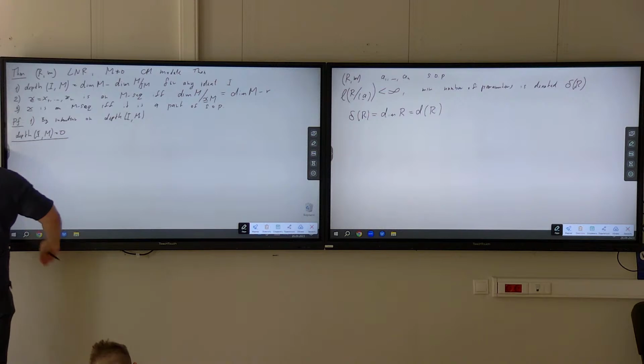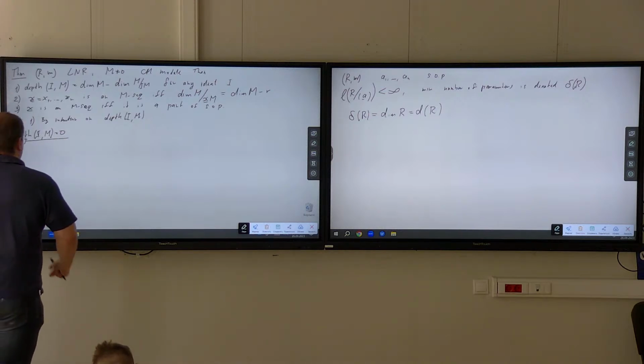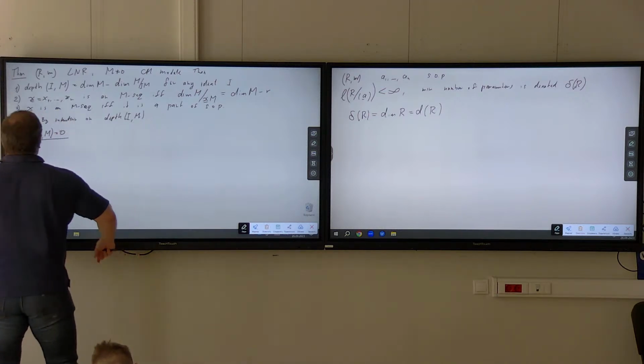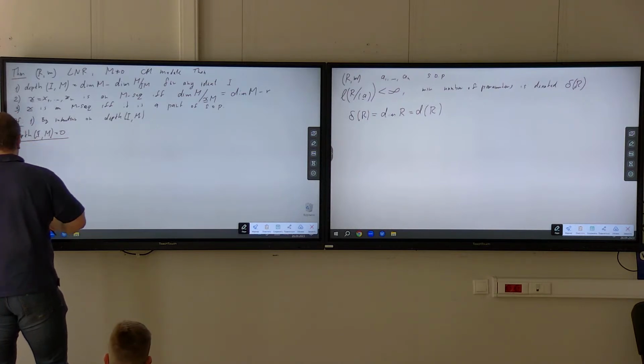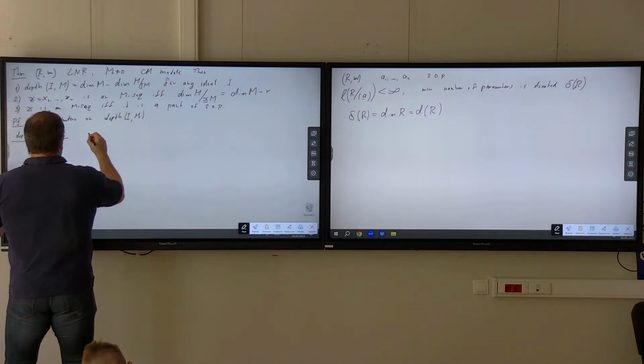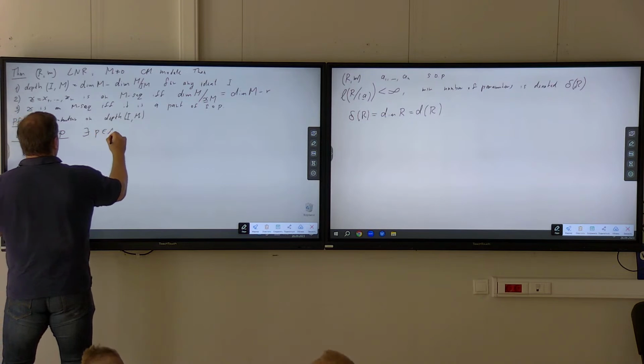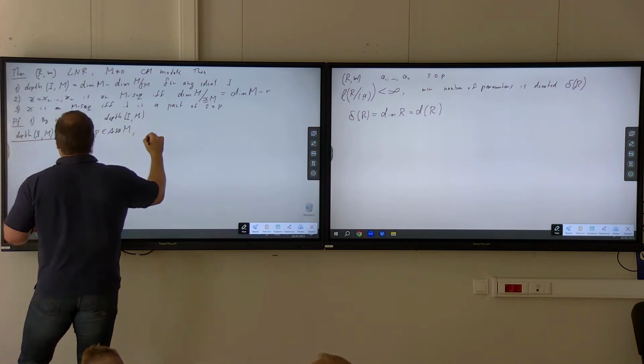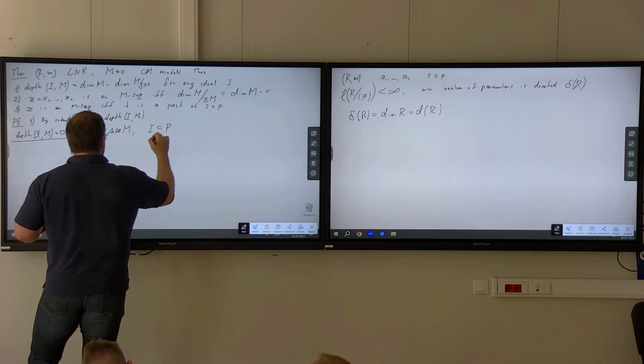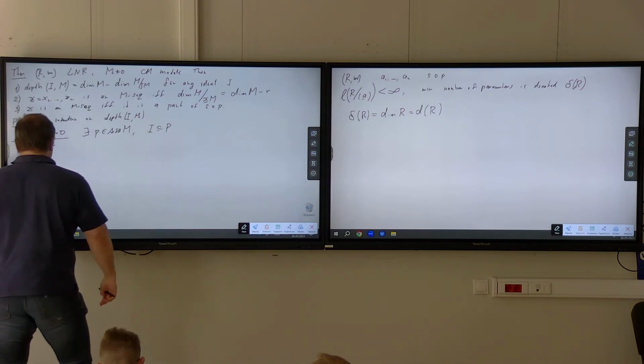This is the first case to consider. Well, if the depth is equal to 0, then I consists entirely of zero divisors. So there is an associated prime P such that I is contained in this associated prime.